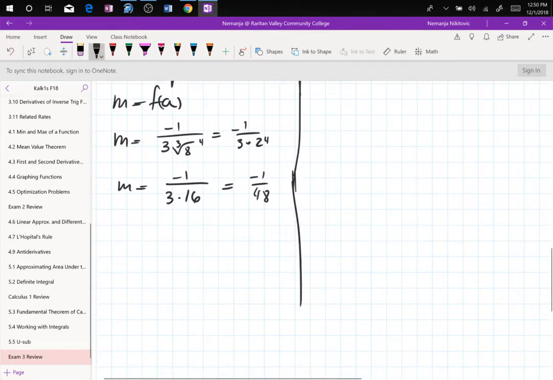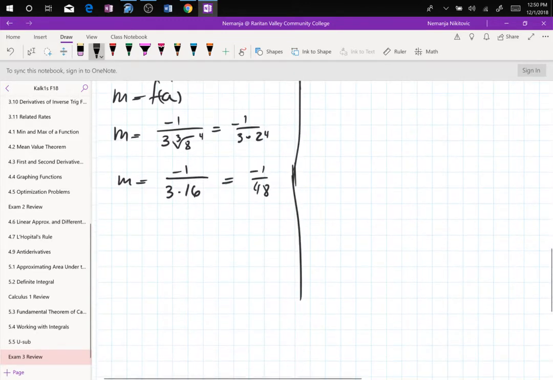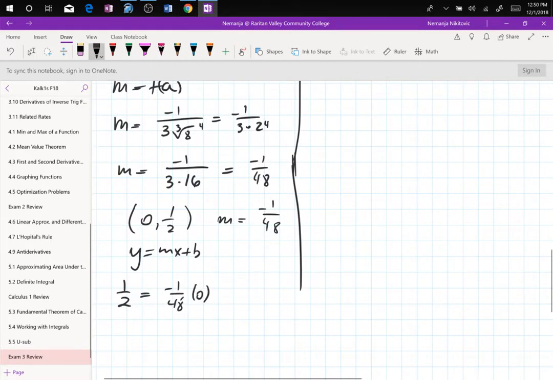Now that I have this, I have a slope. And I can calculate, if I plug in 0, I get 1/2. Okay? So we have the point (0, 1/2), and m equals negative 1 over 48. Plug into y equals mx plus b to get 1/2 is equal to negative 1 over 48 times 0 plus b, from where b is clearly 1/2.